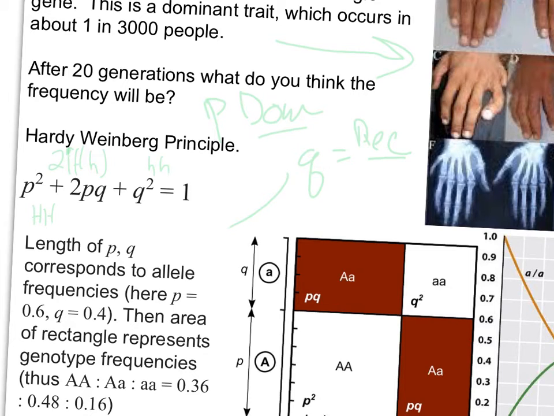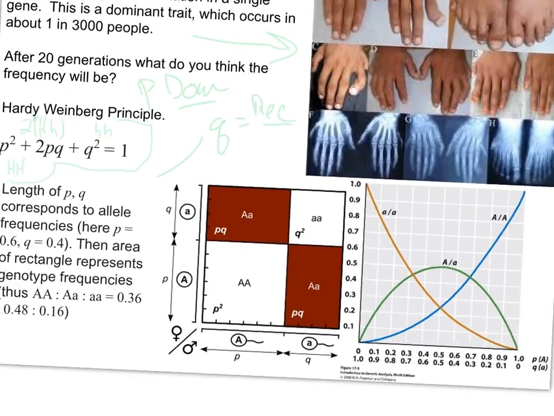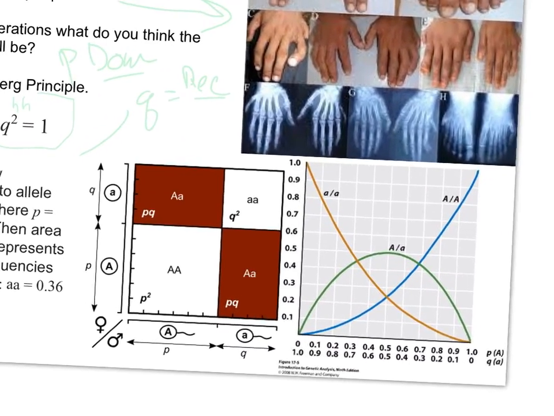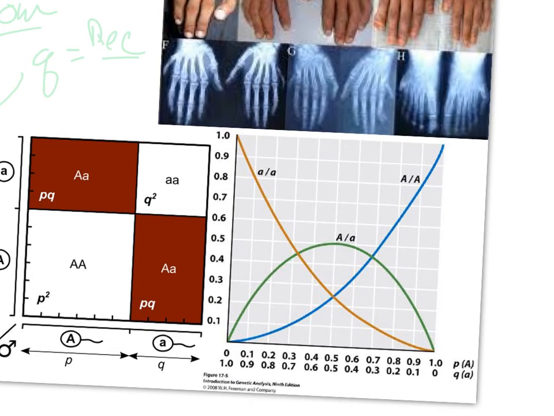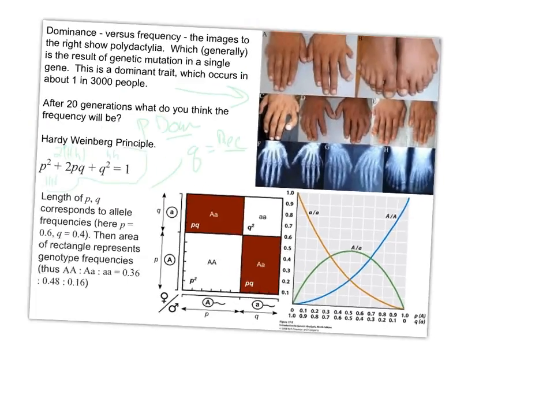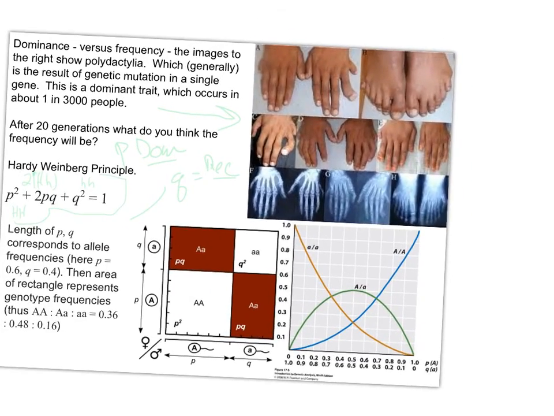So this is the math that shows for two alleles, you're going to have a probability of basically it being 1 if you take each of these, homozygous dominant, heterozygous, and homozygous recessive, all of those together. And this image here, I can't turn this for some reason, shows the probability of having each of these as the frequency goes up. And I will talk more about this in class.